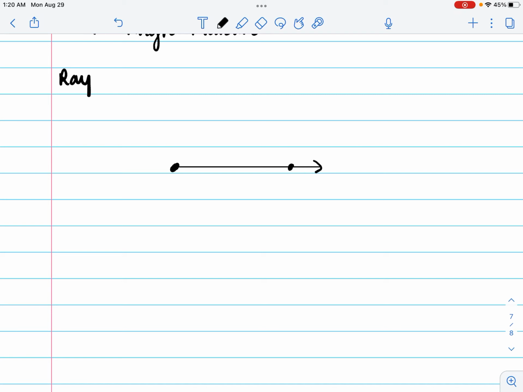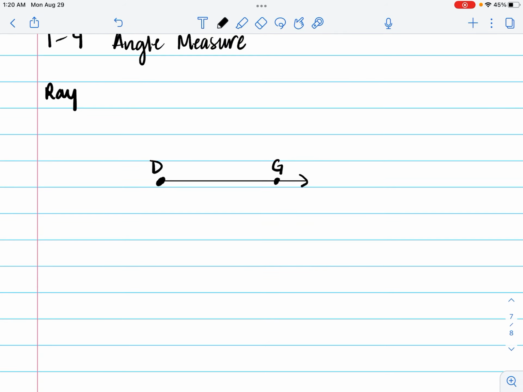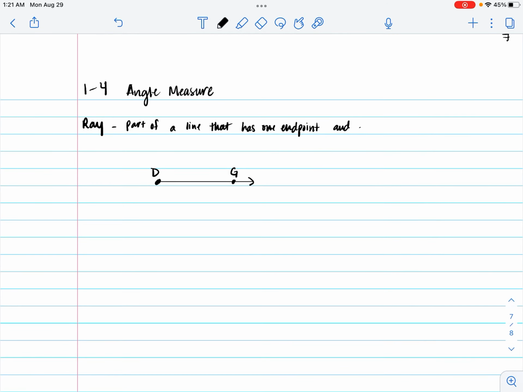So, for instance, if I were to name this, let's say DG, this ray would be called DG. And a ray, just as is specified, is part of a line that has one endpoint and extends, let's see if I can zoom out a little bit, infinitely in one direction.